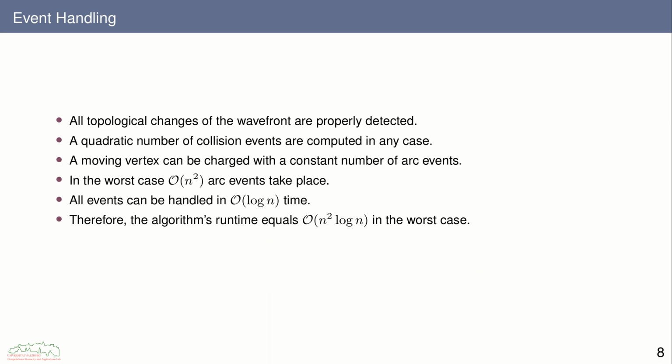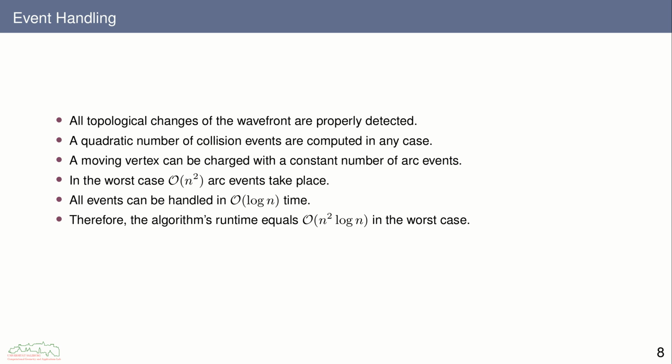In the naive version of our strategy, we compute all quadratically many collision events between all pairs of input sites a priori. One can now show that every moving vertex can be charged with at most constantly many arc events. Thus, in our naive approach, O of n squared arc events occur.